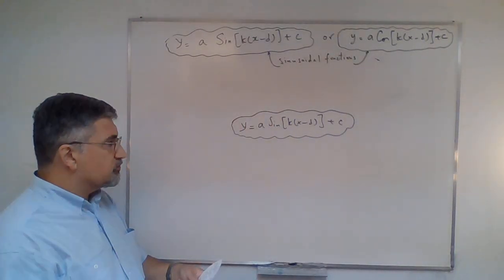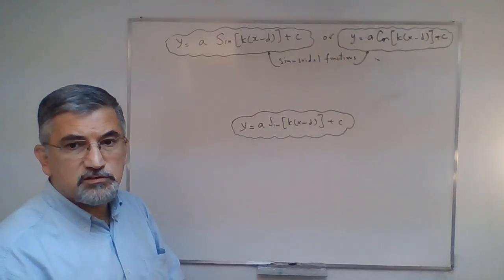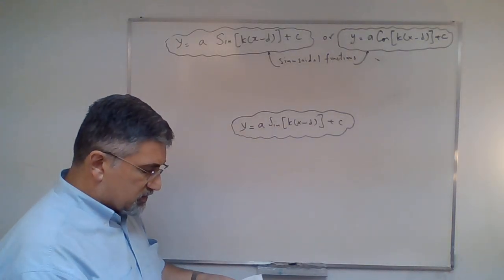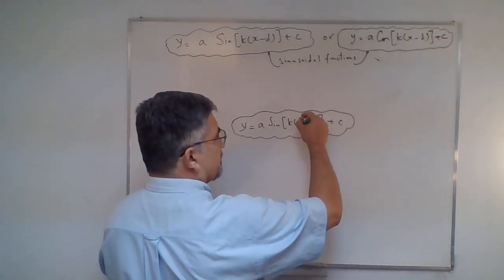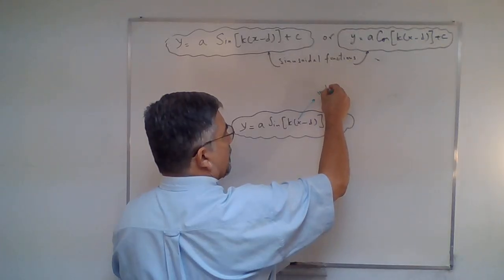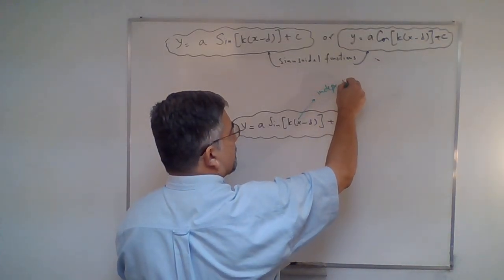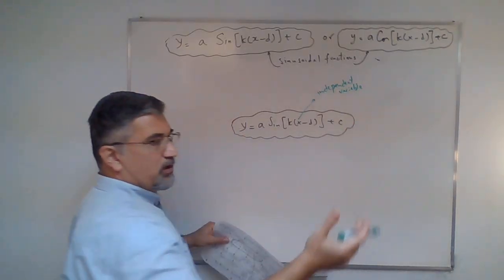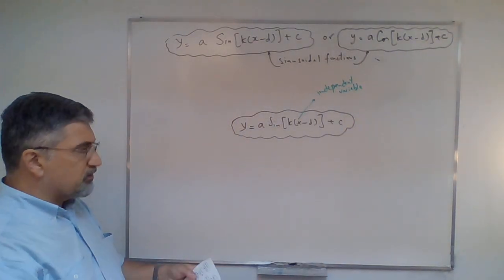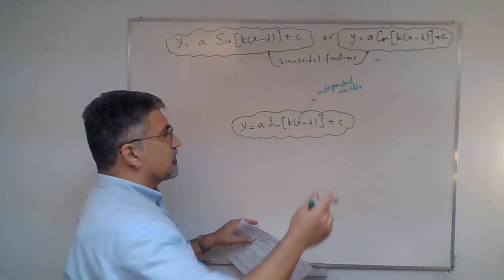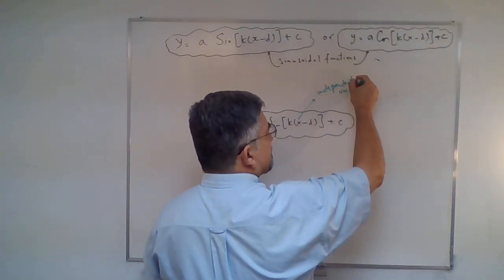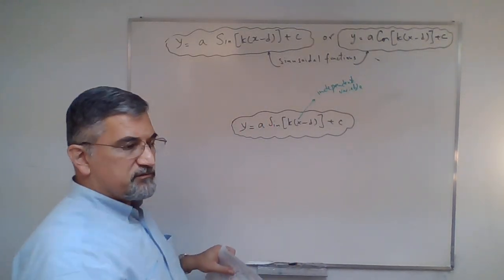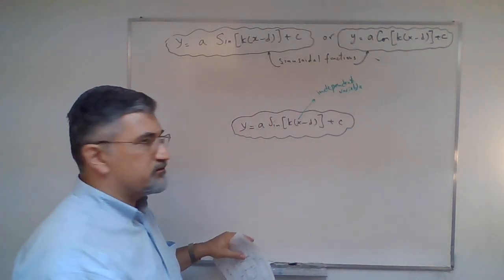Let's start with x. What is x to begin with? X is actually the independent variable, just like in parabolas y equals x squared, x was the independent variable. And the values of the independent variables are the input values for the function, and actually we have no restriction for that.